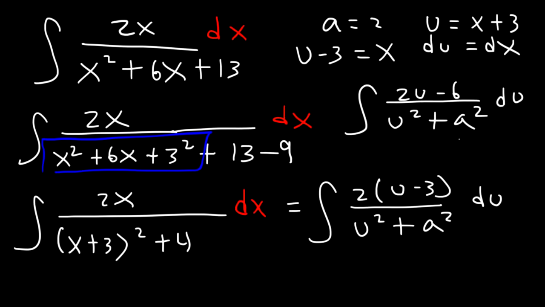So now what we need to do is separate the expression into two smaller fractions. So we're going to divide 2u by u squared plus a squared, and separately we're going to divide negative 6 by u squared plus a squared as well. So let's clear away a few things.